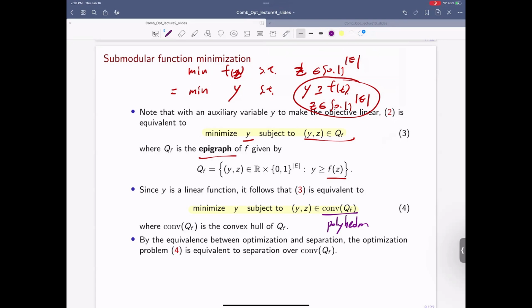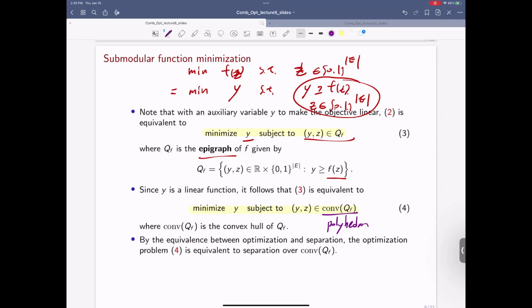And we talked about the equivalence between the optimization problem and the separation problem, and that was based on the ellipsoid algorithm. Using that, we have a polynomial time algorithm if we can solve the separation problem over the convex hull.